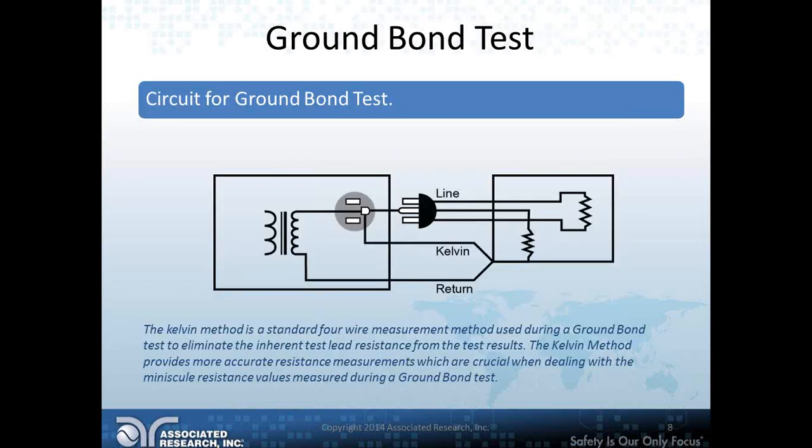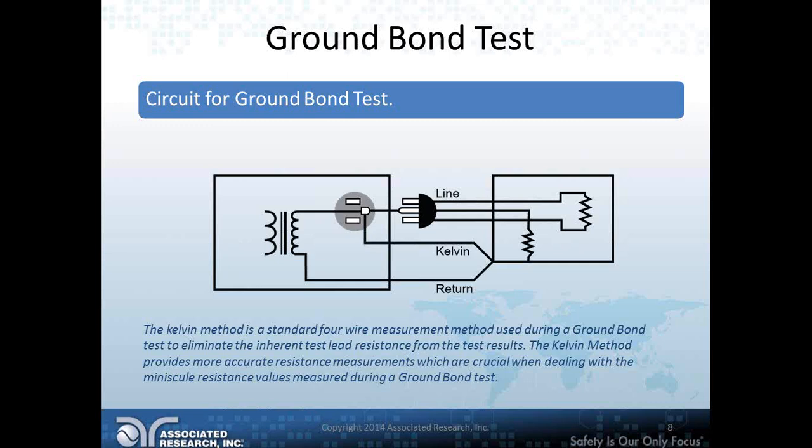The ground bond test works by injecting high current into the ground pin of the device under test. That high current flows through the ground circuit onto the chassis of the product, and the return connection is made at the surface or chassis of the device under test.